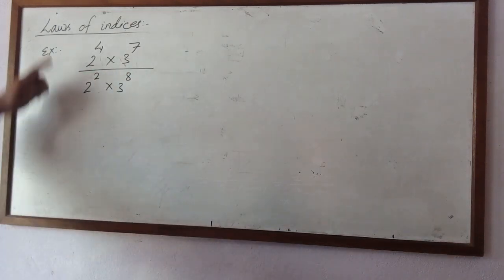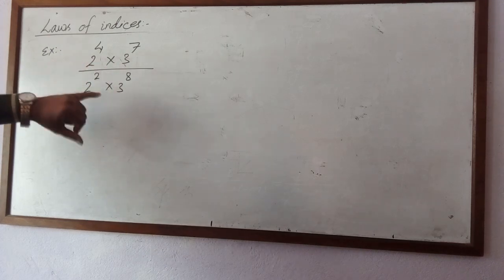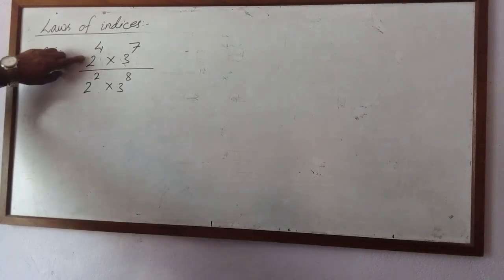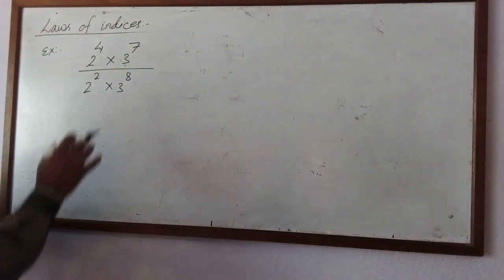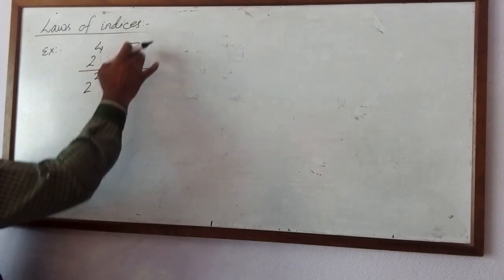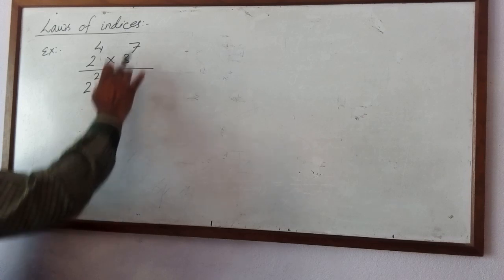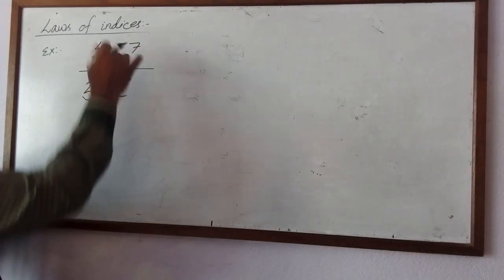Okay. This one example I have taken. There is a multiplication sign. Now we have to simplify it. Now here 2 has power 4, here 2 has power 2. Now first of all you have to decide what you want. They are factors. You can bring this 2 also up. You can bring this 2 also down, or only separately also you can. Okay, I'll bring this both. I'll take this both up.